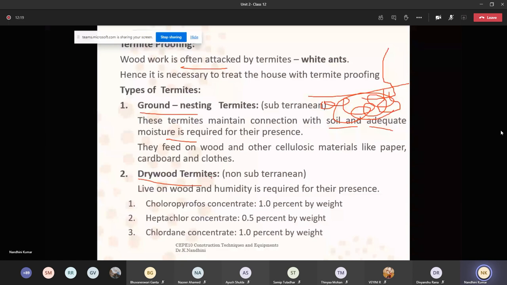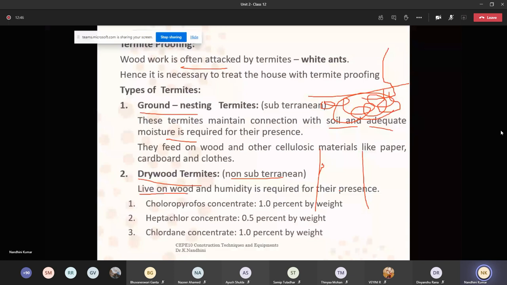Dry wood termites are non-subterranean; they are in this category where they live on wood only. You might have seen some large old trees where they'll have some small ants, always moving here and there. Have you ever seen this in your schools or colleges whenever you're crossing, or in any public parks?